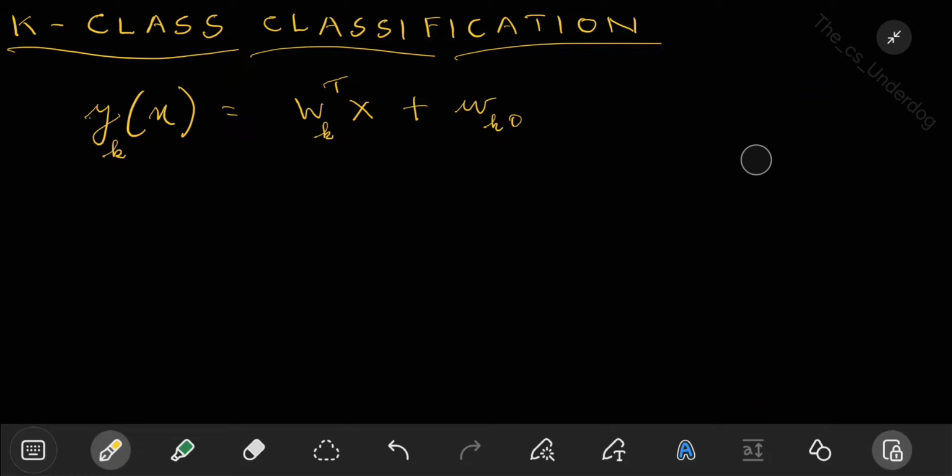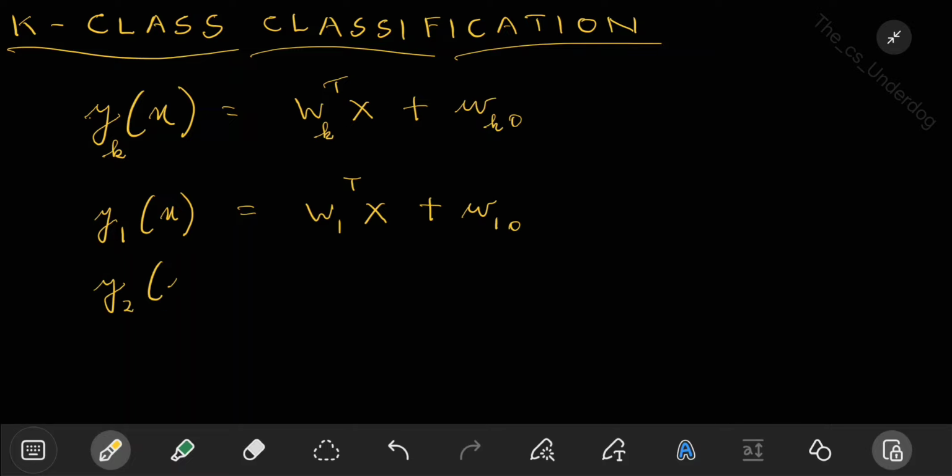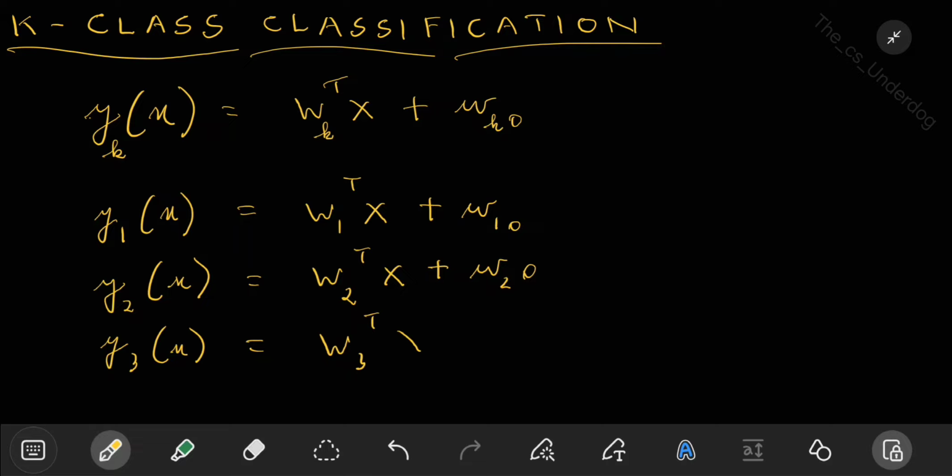So there will be k different discriminant functions. The first one will be y1 of x is equal to w1 transpose x plus w10. The second discriminant function would be y2 of x is equal to w2 transpose x plus w20. The third discriminant function would be y3 of x is equal to w3 transpose x plus w30 and so on.